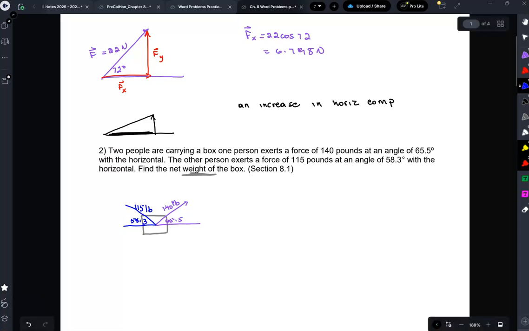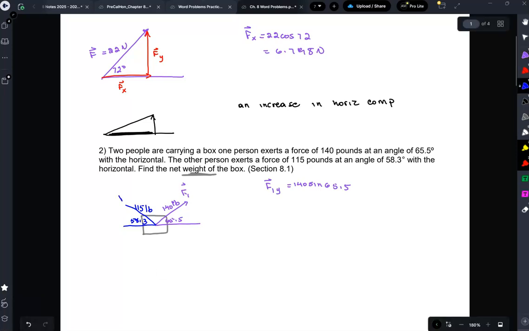So now let's talk about what the Y components of these forces are. In the one case, we'll call this one F1. So I want the F1 Y component. This is going to be 140 sine 65.5.